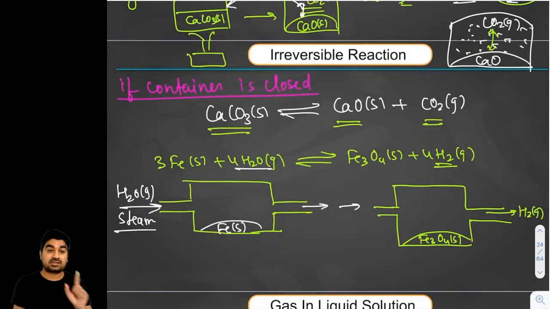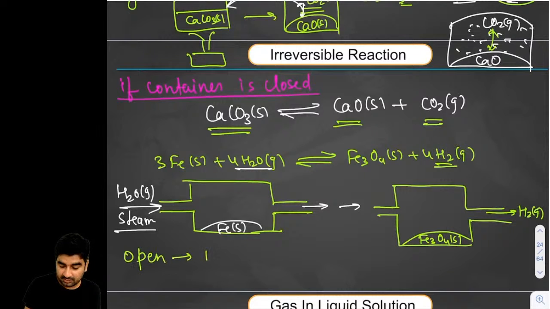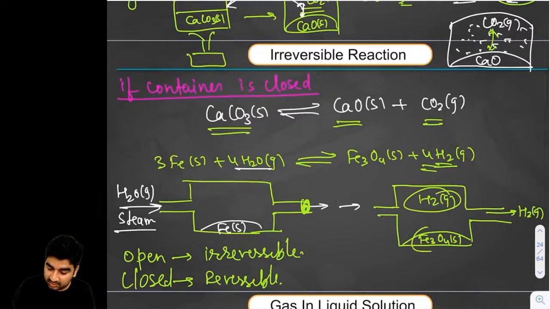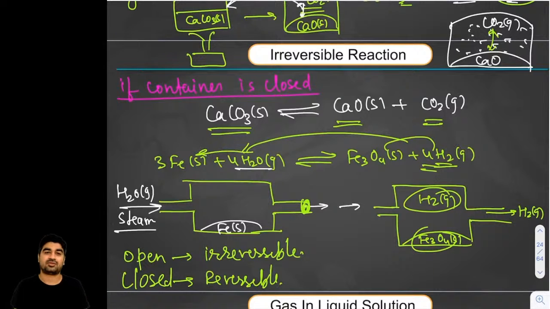So guys, if this container is open, it means the reaction is irreversible. And if you close this container, then it will become reversible. Why? Because if you close this, the whole H2 will get collected here, and this H2 gas and Fe3O4 will again react and they will form Fe.